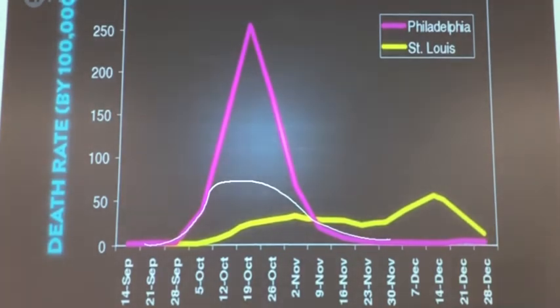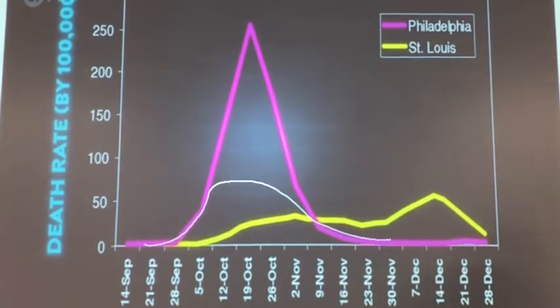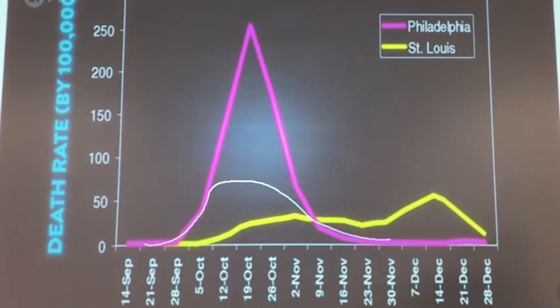Again, we're not just talking about the death rate, we're talking about the infection rate, and we're talking about not overloading our healthcare system with severe numbers of infected people.